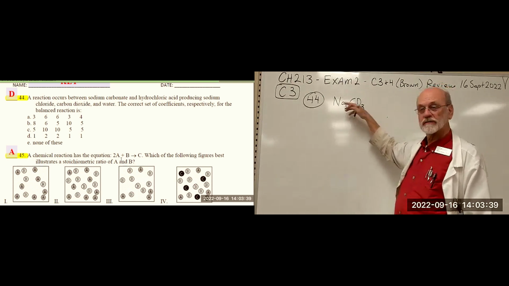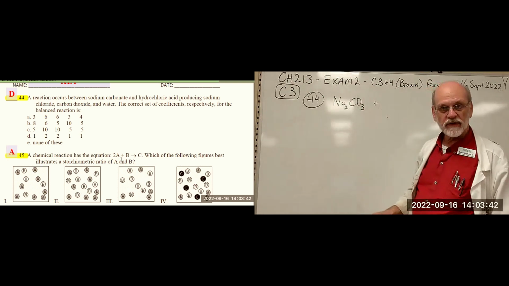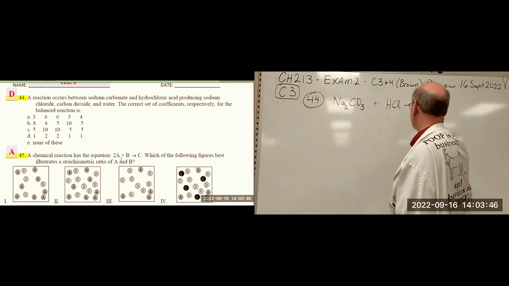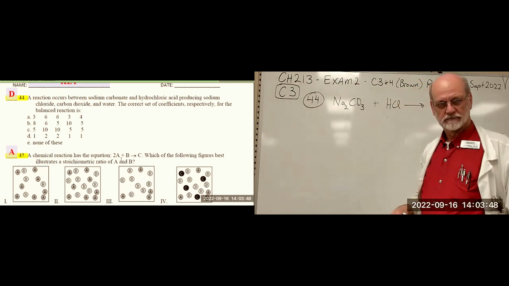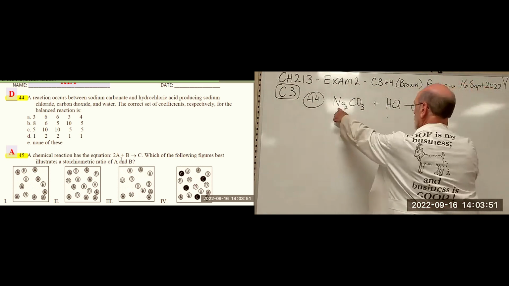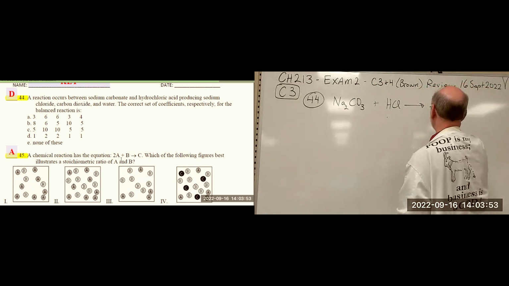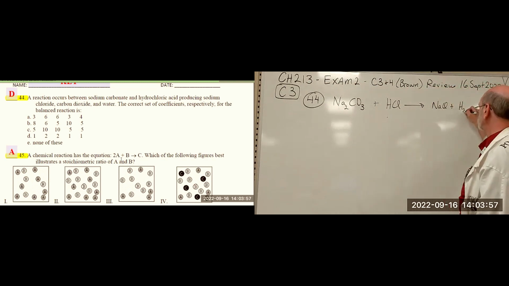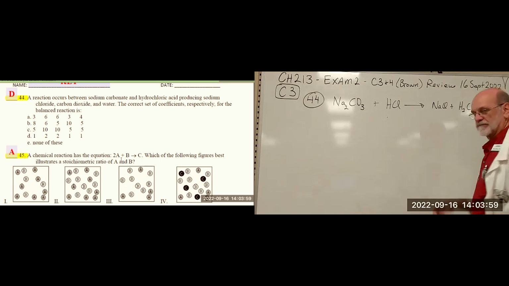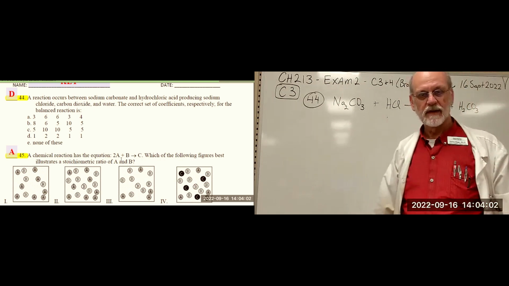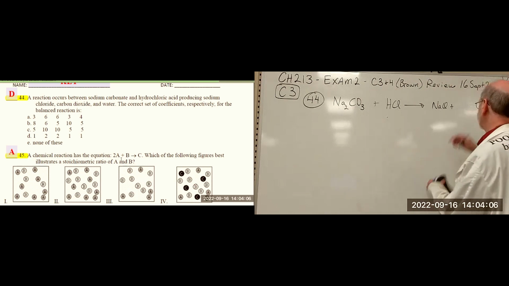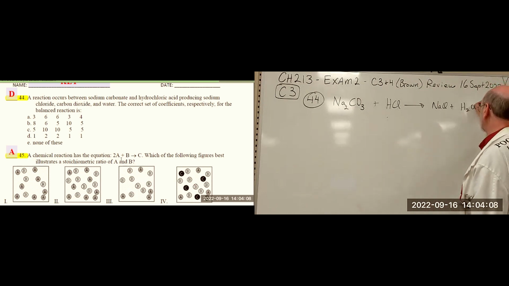That's a 1 plus charge. Reacted with hydrochloric acid, HCl. And what does it yield? Sodium chloride, sodium plus chlorine, plus carbonic acid. Well, actually, that decomposes into water and carbon dioxide.